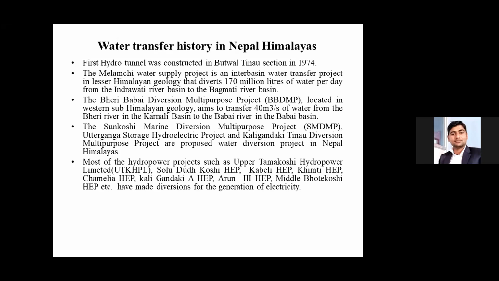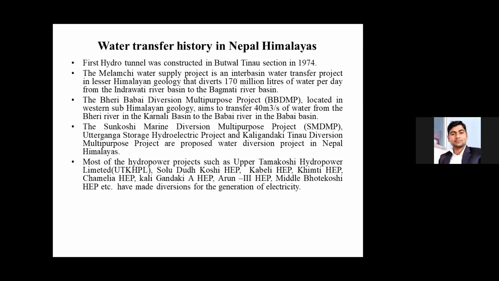drinking water. And secondly, the Bheri Babai diversion multipurpose project. This is also an interbasin water transfer project, and is under construction. The tunnel is already completed, but the dam and other infrastructure are still under construction.